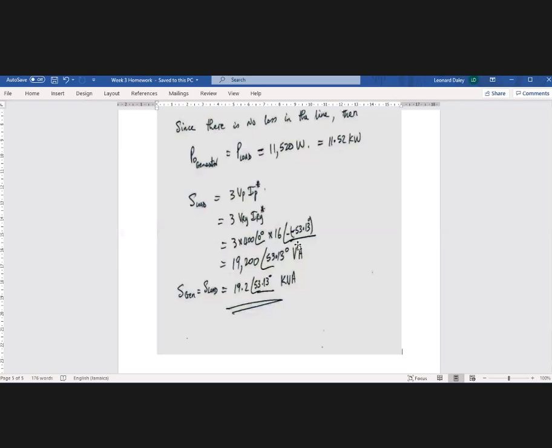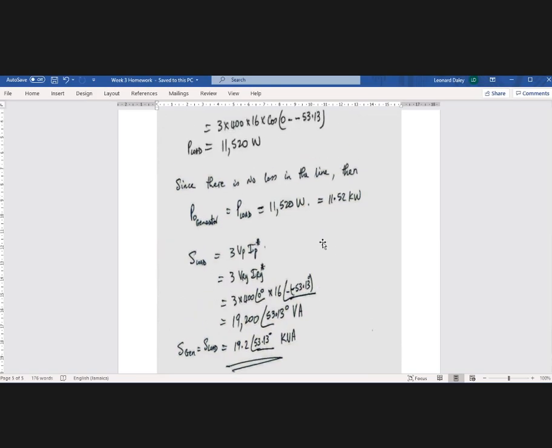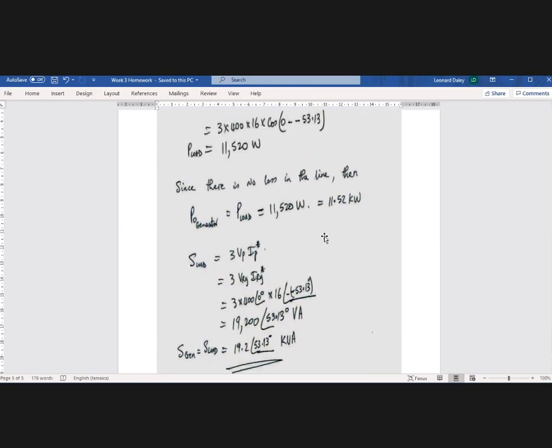I'm basically pointing out different ways of doing the same things. So what you need to do is become familiar with the impedance triangle, the power triangle, and the different ways you can find S.